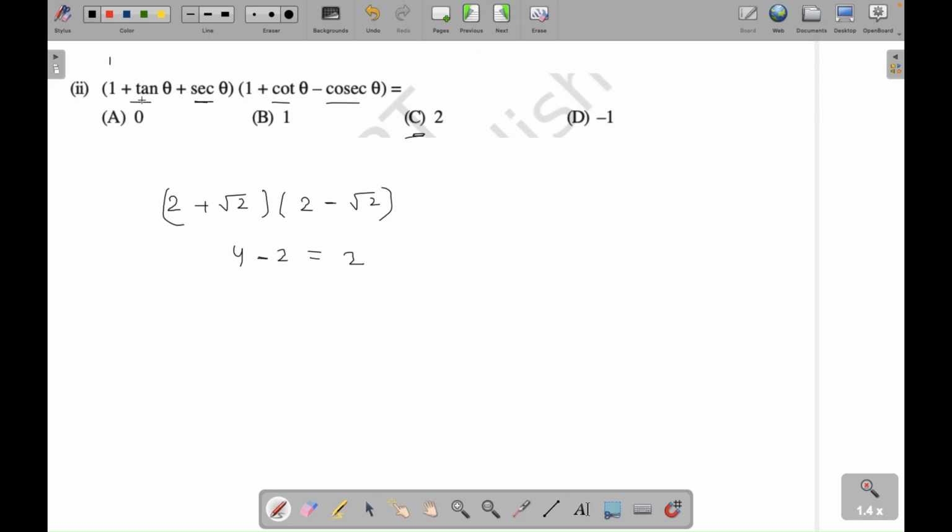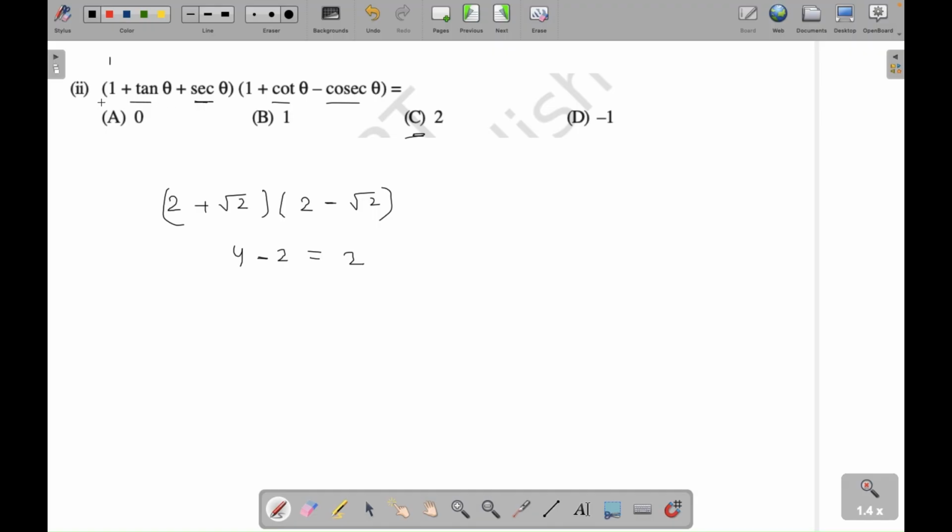So we'll write tan theta in terms of sin theta and cos theta. Again, this gives you a hint because tan theta is sin theta upon cos theta and sec theta is also 1 upon cos theta, so they have a common denominator. This also gives you a hint that you need to decompose it further in the form of sine and cos.